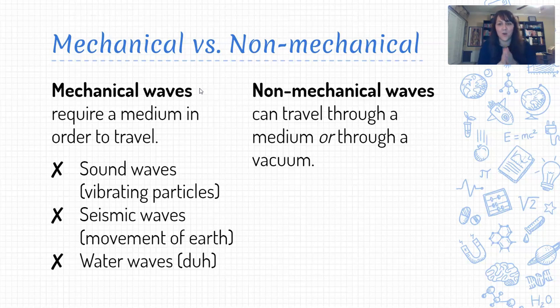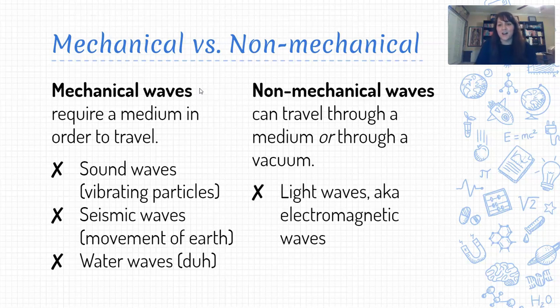Well, fortunately for us, the vacuum of space does still allow light waves to travel through. Now, light waves are also known as electromagnetic waves because technically they're just these oscillating electrical and magnetic fields, which we'll not get a ton into here, but just a little bit.